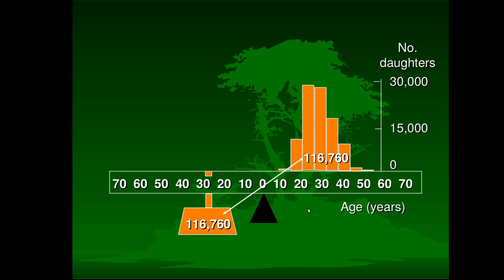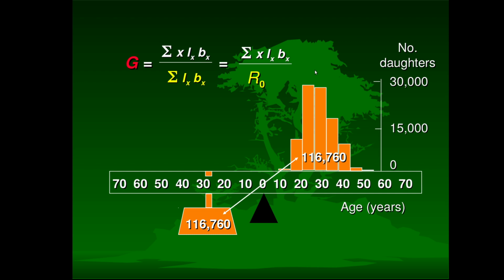Okay, there's a simple formula for calculating the mean generation time from a life table, and I'm not going to derive it, just present it. And the formula for the mean generation time is this. It's just basically the generation time equals the sum of all the x times the survivorships times the fecundities, divided by the net reproductive rate from the life table.